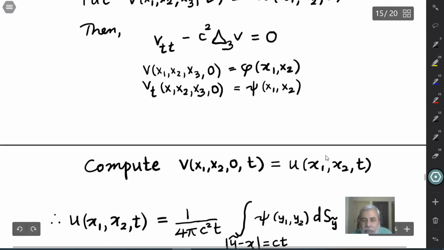So first we write this formula for the solution. Let me just write that.